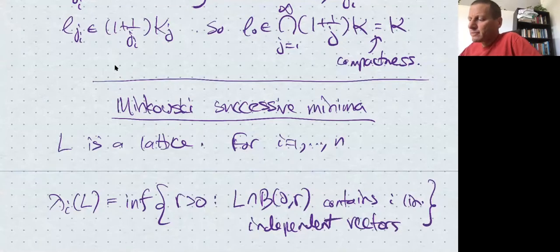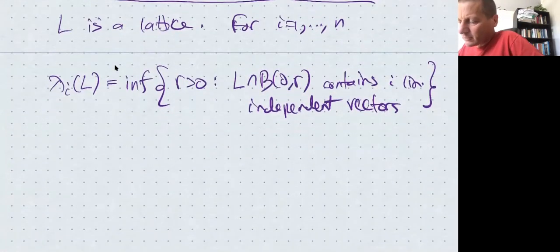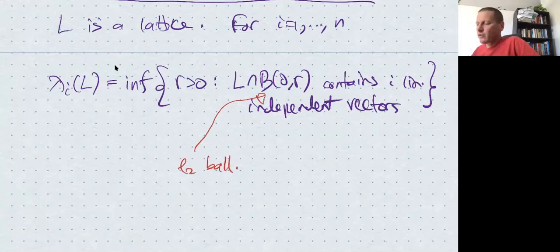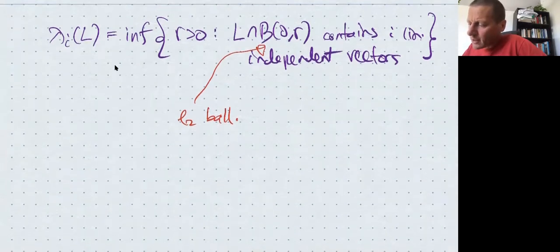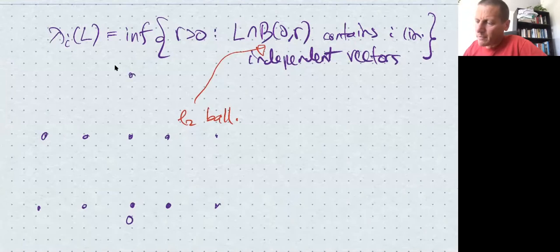Okay, let's draw a picture. Before I do that, let's just say this ball for the moment is the Euclidean ball, the L2 ball. We'll discuss more general norms and convex bodies in a second, but this is the first definition. So here is 0, and maybe the lattice looks like this.